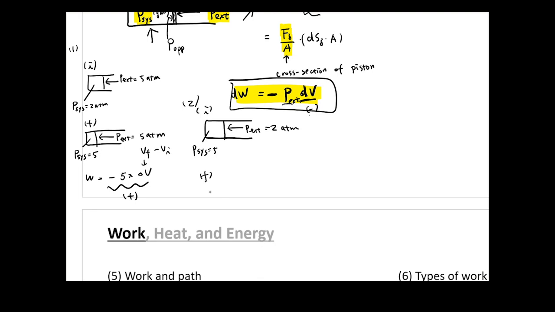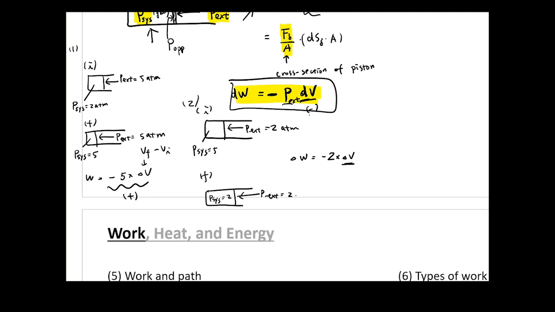And then at the final state, your P system is going to equal your P external, right? So your P system is going to equal 2, and your P external is also going to equal 2. Okay, so under this case, we know dW, or delta W to be more precise, is going to equal negative P external, which is 2, times your delta V. In this case, do you have a positive or negative delta V?